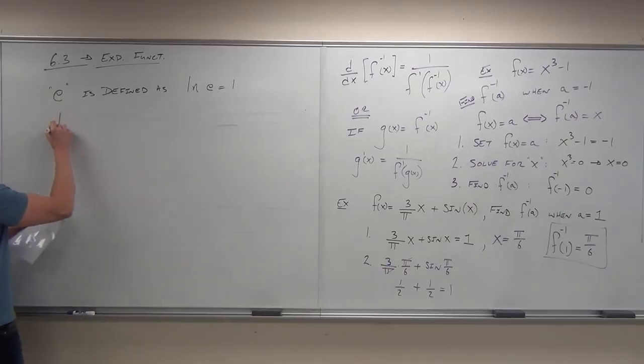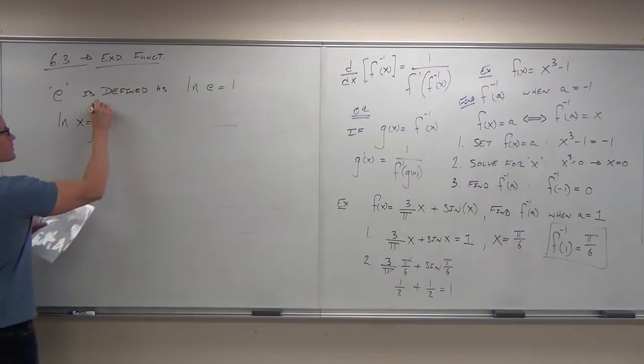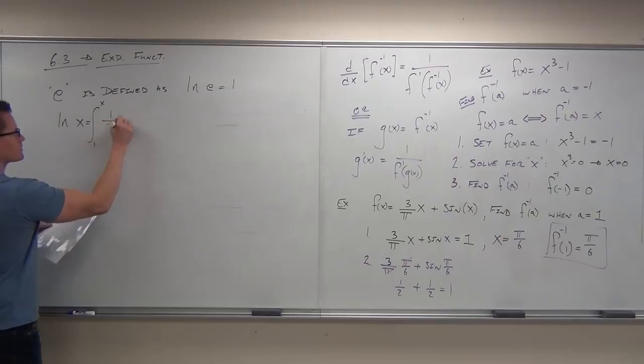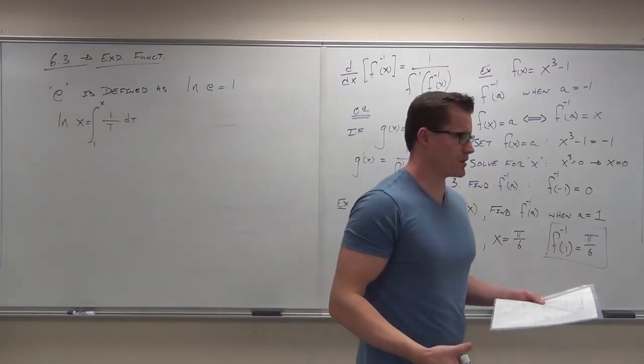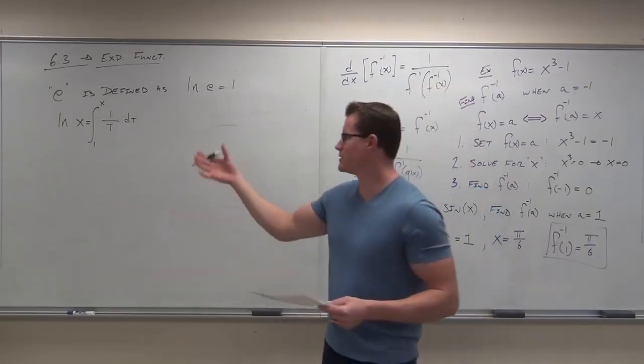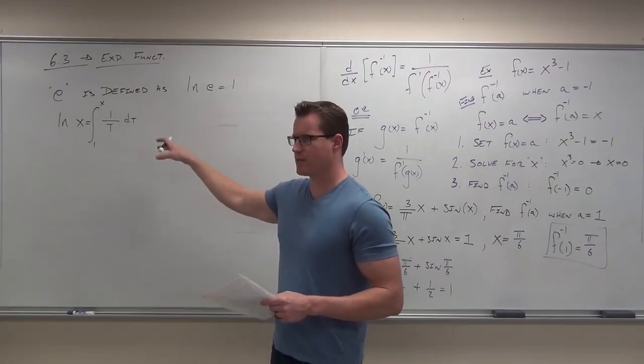It says, hey, you know what? Do you remember this? Yeah. That was true, because we developed that basically in the first day of class. We said ln x is equal to the integral from 1 to x of 1 over t dt.